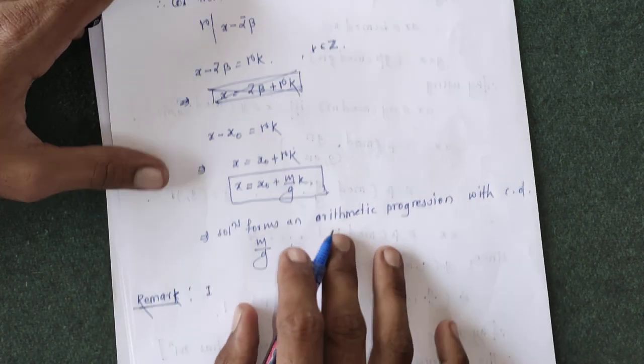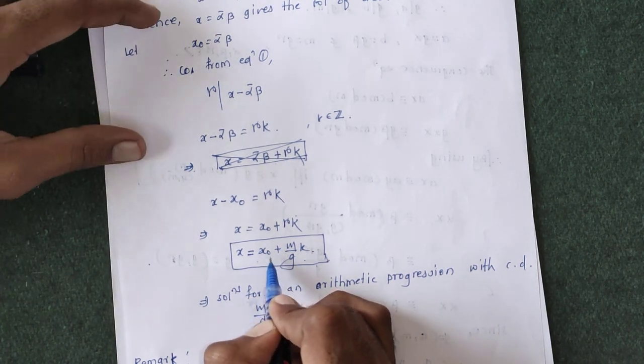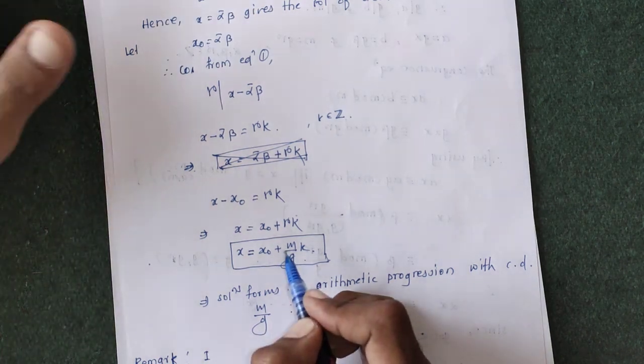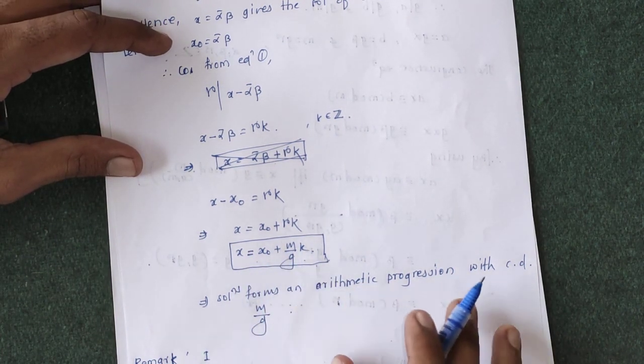If x naught is one solution of the congruence Ax is congruent to B mod m, then the remaining solutions are of the form x equals x naught plus m by g k.